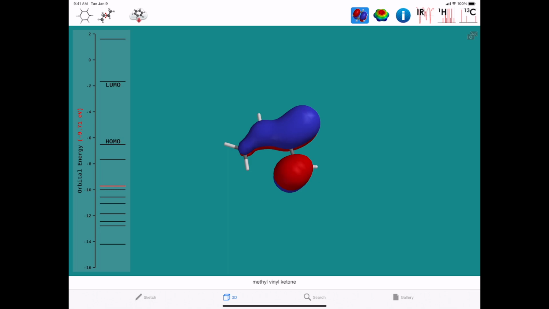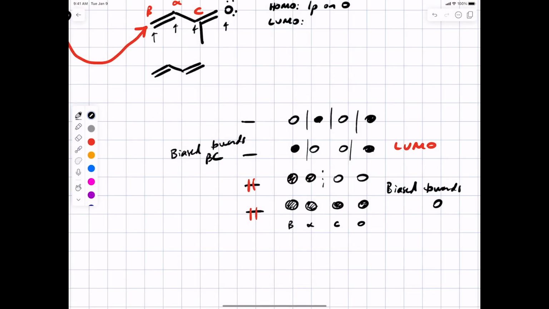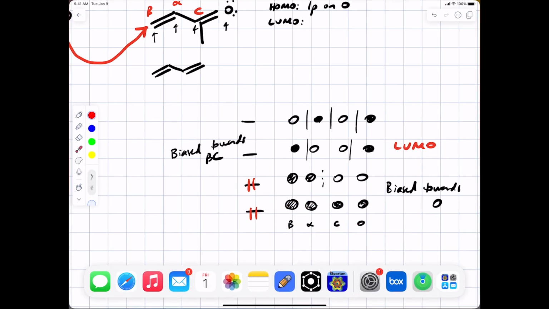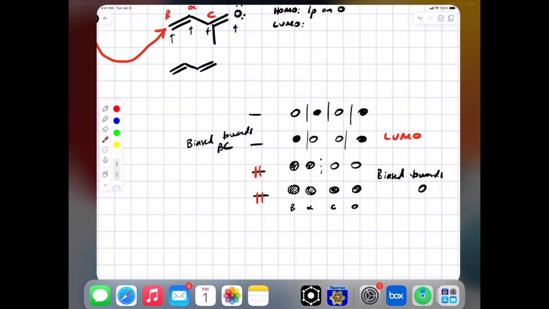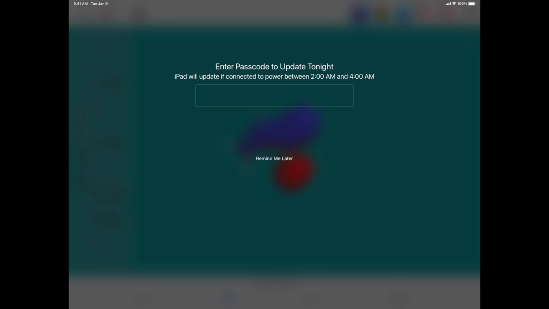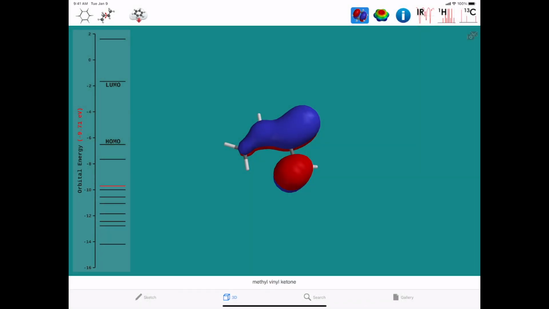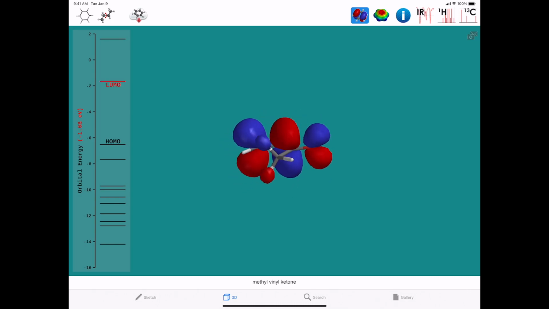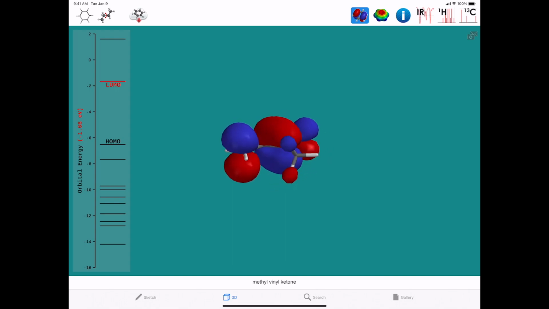Think about group orbitals. But this looks like the lowest energy orbital that I drew here, but it's leaning towards the oxygen, and that's because of oxygen's electronegativity. So the point is that in those pi orbitals, the bonding orbitals are biased towards oxygen. The empty LUMO anti-bonding orbital is biased towards the beta carbon that's right here.